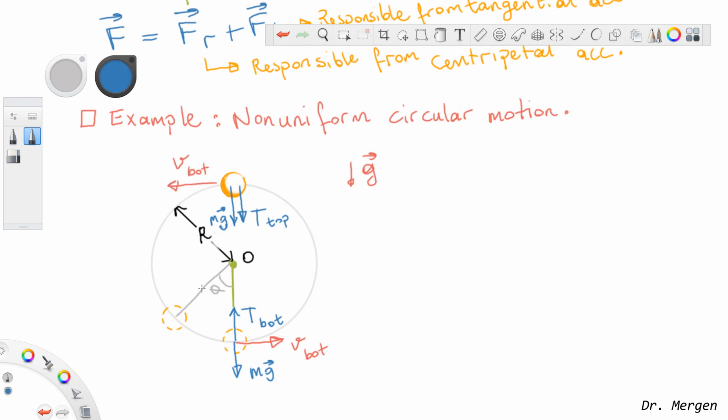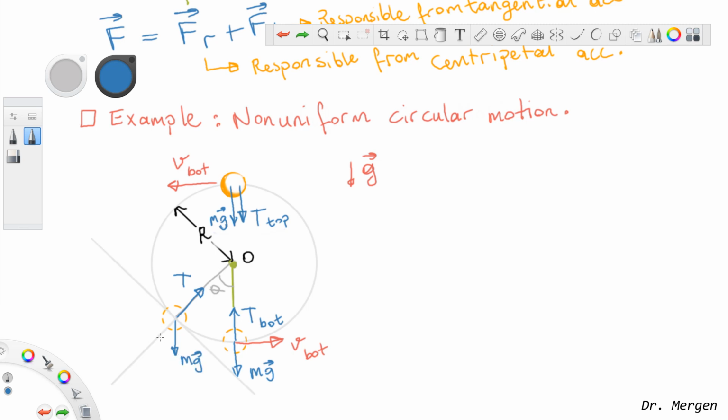When the angle between the vertical and the cord is equal to theta, the tension on the cord will be directed to the origin of the circle, similar to the other cases. The weight of the sphere will be directed downward.